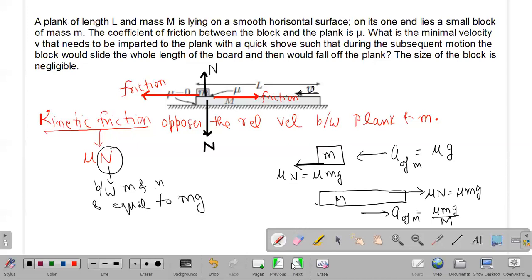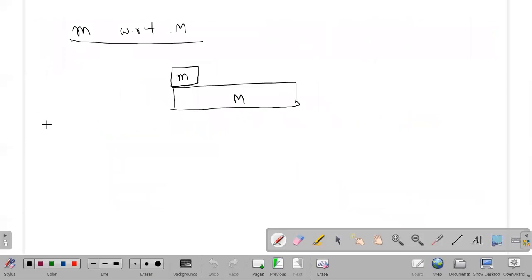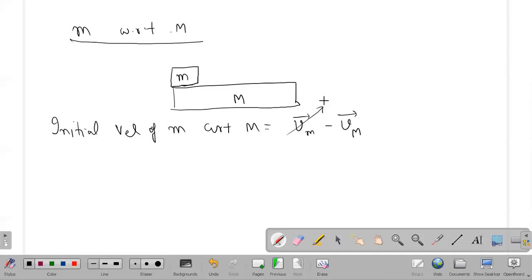So if you find out the relative velocity between them, then the initial velocity of mass small m with respect to mass capital M will be the initial velocity of mass small m minus the initial velocity of mass capital M. Since the initial velocity of mass small m was 0, this relative velocity will be minus the velocity of mass capital M. Since velocity of mass capital M is directed to the left side, a minus sign in this left direction will make it to the right hand side.